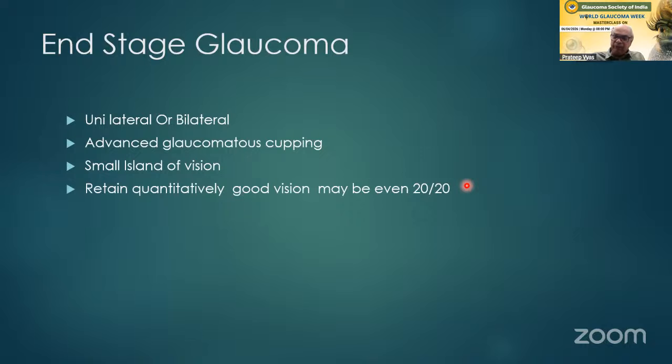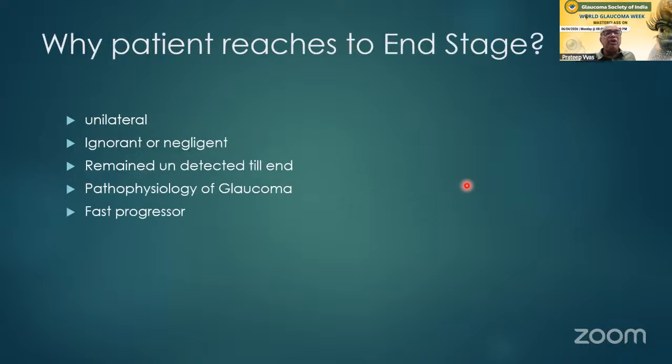But there are many patients who have a bilateral condition. In our OPD, almost two, three patients of that sort come every day for their follow-up. So how do they reach this stage? Because they are ignorant, they are negligent, and they remain undetected till the end because they don't visit their ophthalmologist.